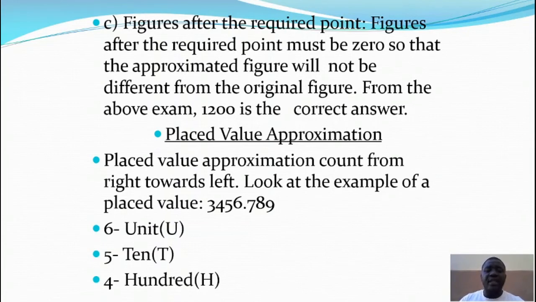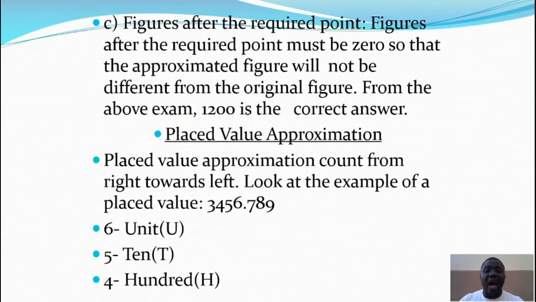Look at our example here. We have 3,456.789. From here you know that 6 is the unit, 5 is the 10, 4 is the 100, and 3 is the 1,000.